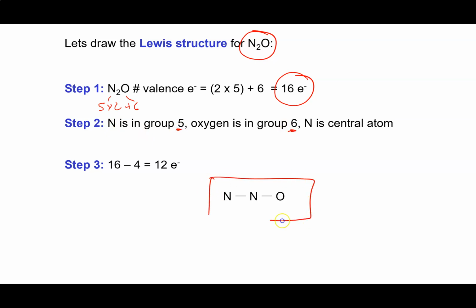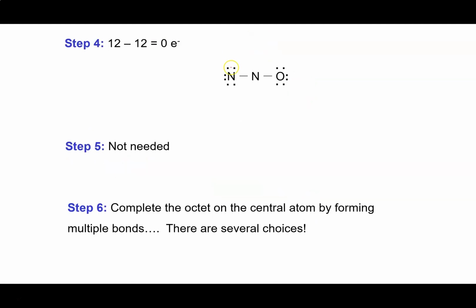So the general layout is going to look like this: nitrogen, nitrogen, oxygen. We need 2 single bonds to join everything together preliminarily, so that's going to use up 4 of our 16 electrons. Now we're going to complete the octet on our outer atoms by putting 3 lone pairs on each of them, and that uses up the remaining 12 electrons.